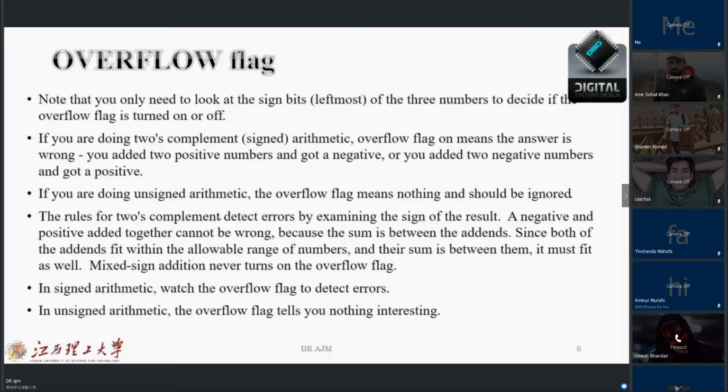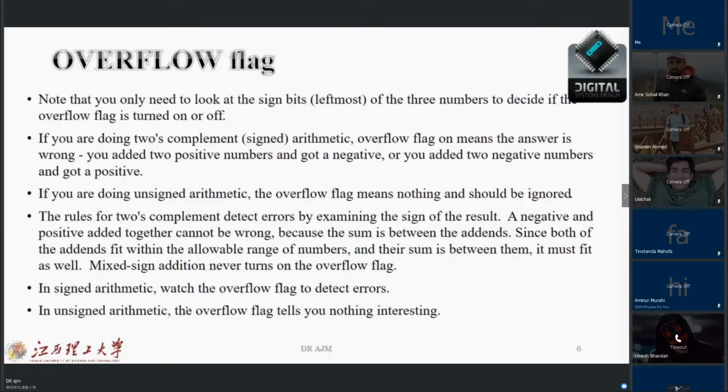The rule for two's complement can detect error by examining the sign of the result, and a negative and positive added together cannot be wrong because the sum is between the addends. Since both of the addends fit within the allowable range of numbers and their sum is between them, it must fit as well. Mixed sign addition never turns on the overflow flag.